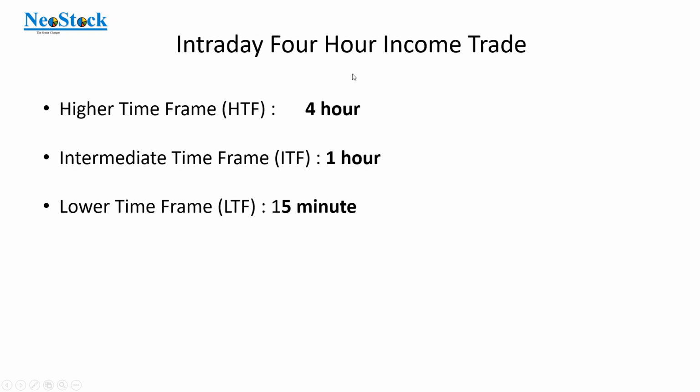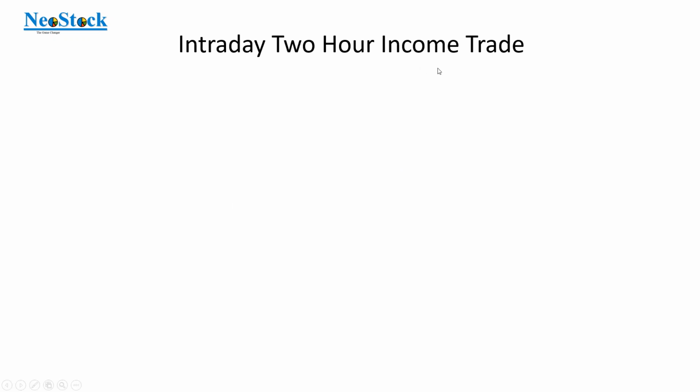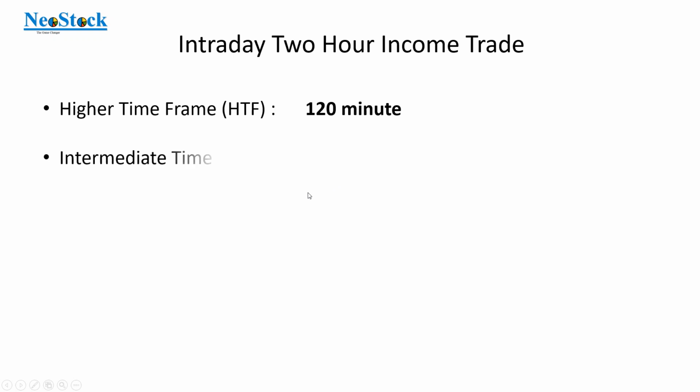This is the intraday 4 hour income trade. Similarly, for an intraday, further shorter duration income trade, you can use the 2 hour income trade. See, for the intraday 2 hour income trade, your HTF is 2 hours, whichever income trade type you will be using. 2 hours is equivalent to 120 minutes, and the intermediate time frame is 30 minutes.